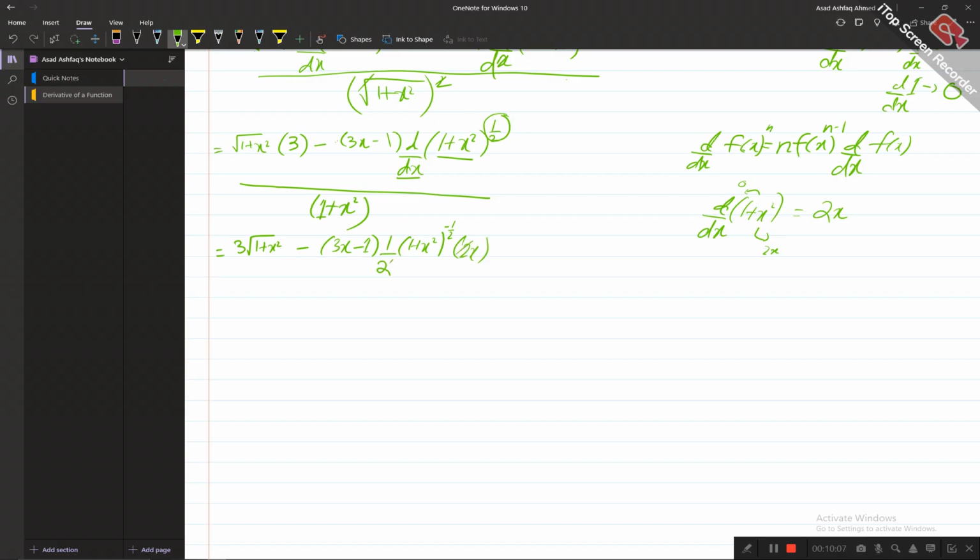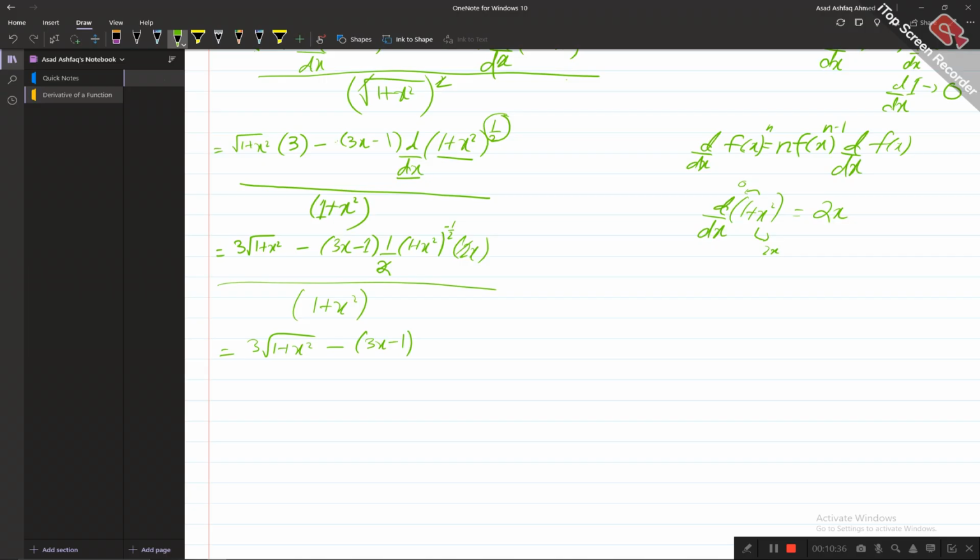Now here this 2 will be cancelled by this 2, and whole divided by 1 plus x square. Now in the next step, 3 upon square root of 1 plus x square minus 3x minus 1.